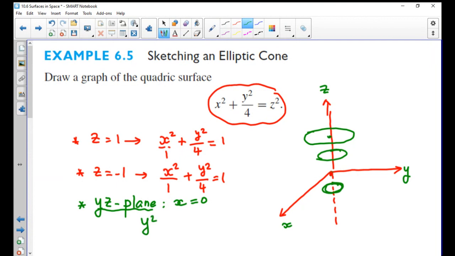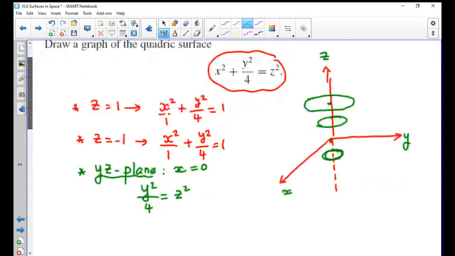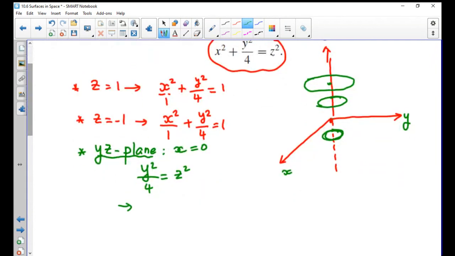So you will have y squared over 4 equal to z squared, which means z will be, by taking the square roots of both sides, y over 2, or perhaps minus.